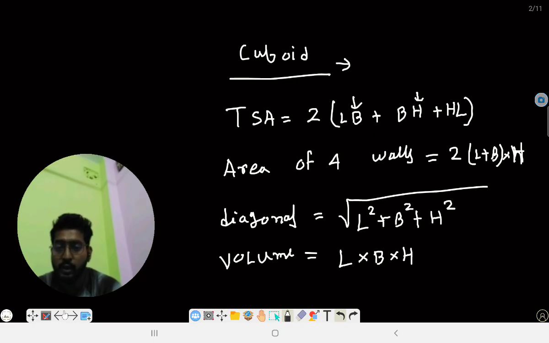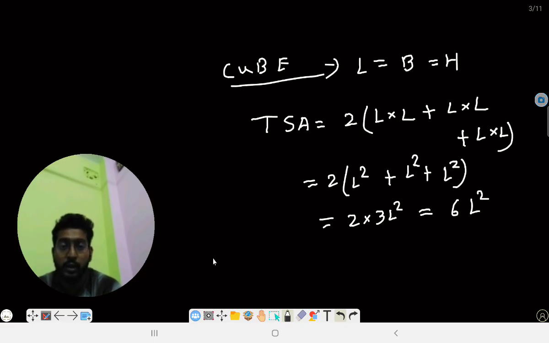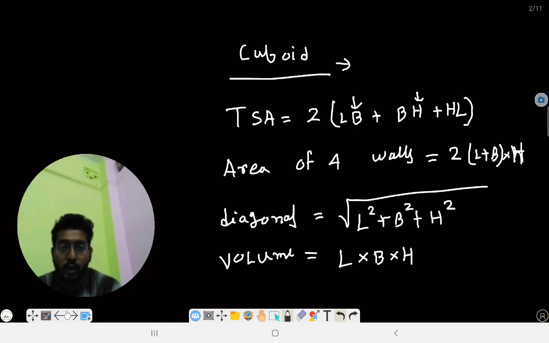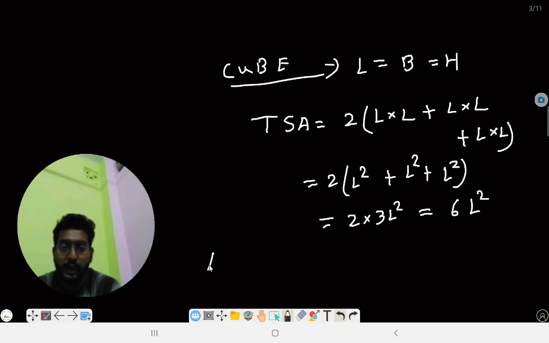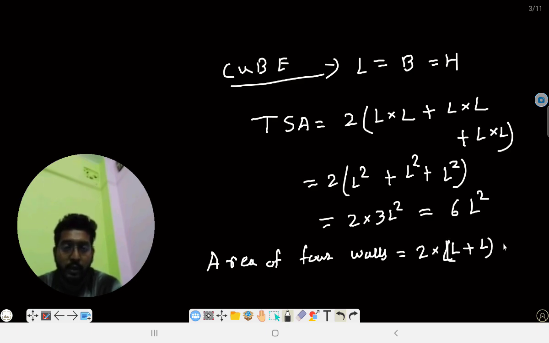Now the next one is the diagonal, and after this the area of 4 walls. Again replace B and H by L. That means 2 into L plus L into L, so 2 into 2L into L, that is 4L square.